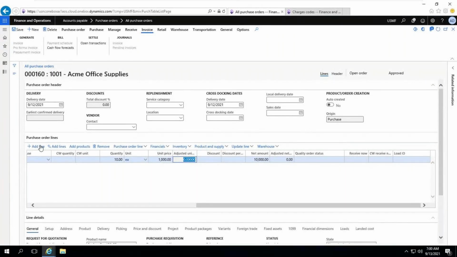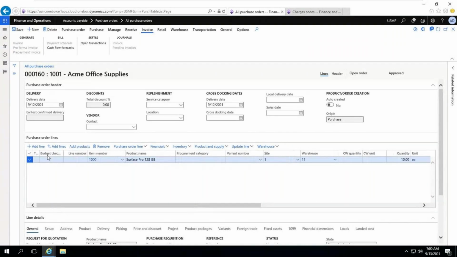Up to Friday, whatever data was there is gone because I have upgraded to the latest version 10.0.17. So the pen caps I created and the demo data I showed are gone. No problem, the standard environment is back to me. Let me click on add line and take one item.